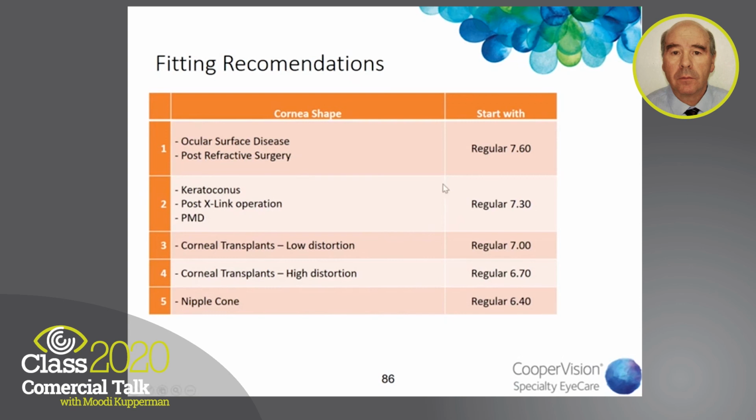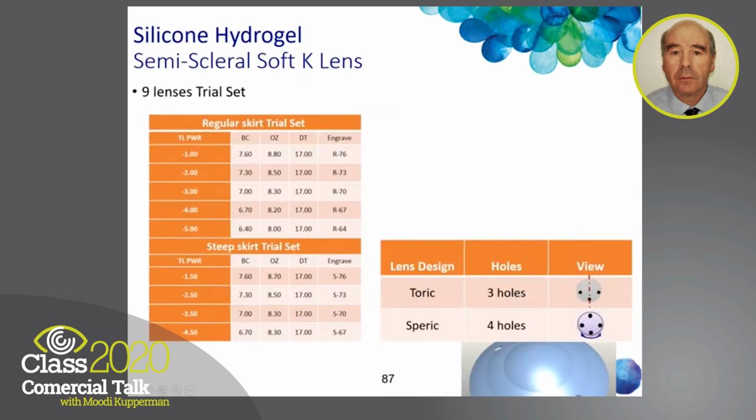The fitting recommendation is a table. I don't intend to go into this, but when you have this, you choose this, and so on. So this is a very easy system to evaluate the first choice lens.